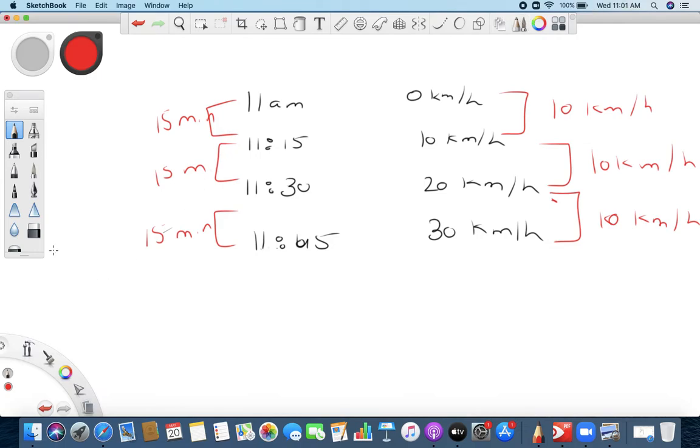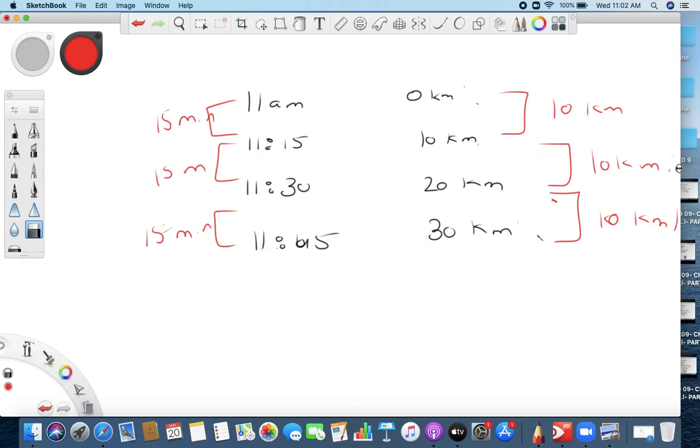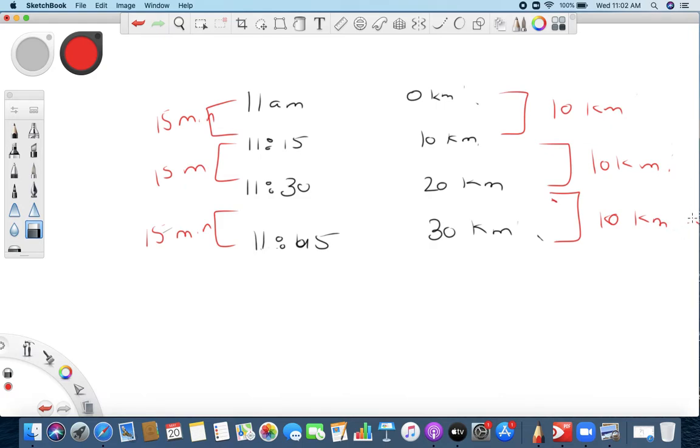If you don't take speed and you take distance in kilometers, you say 10 kilometer, 20 kilometer, 30 kilometer. So in each 15 minutes you are traveling 10 kilometer.